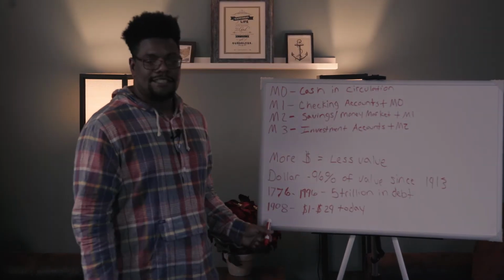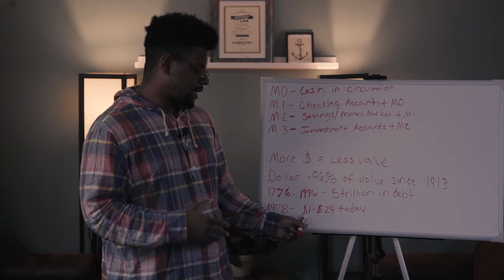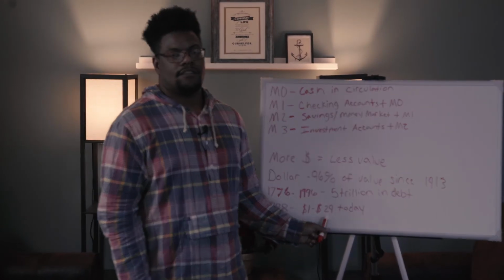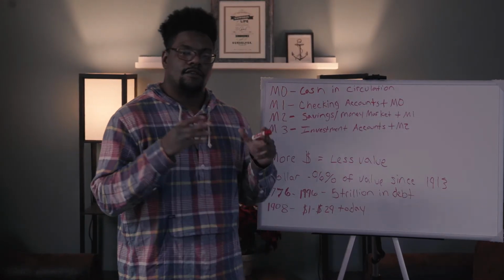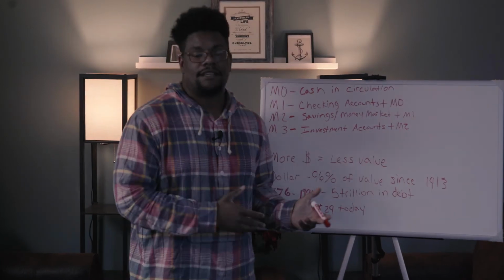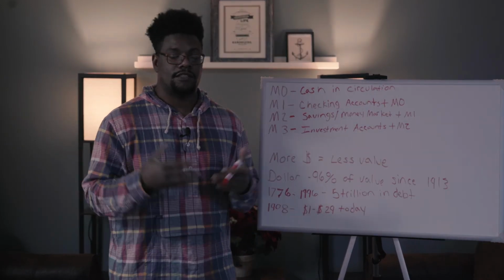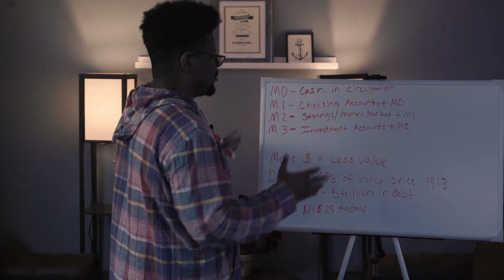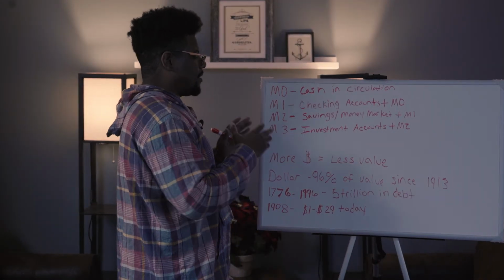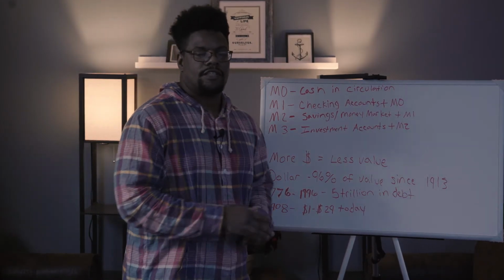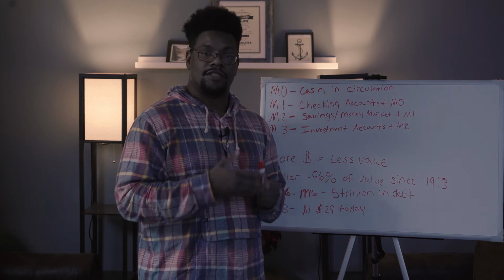As you can see, in 1908, and I've explained this before, $1 could buy what $29 of goods and services buy today. I wanted to explain this so you know that the money supply is continuously increasing and the value of the dollar is going to continuously go down.